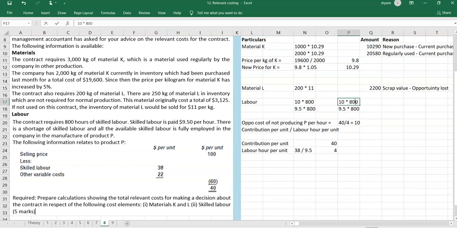So the total would be like this. We have done almost all the elements here.